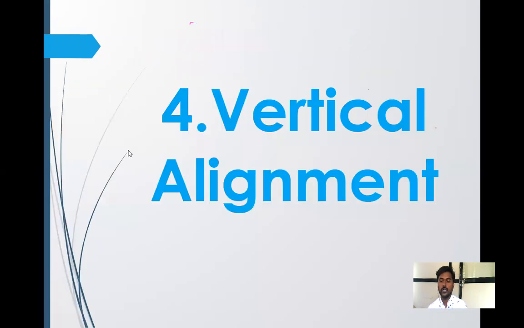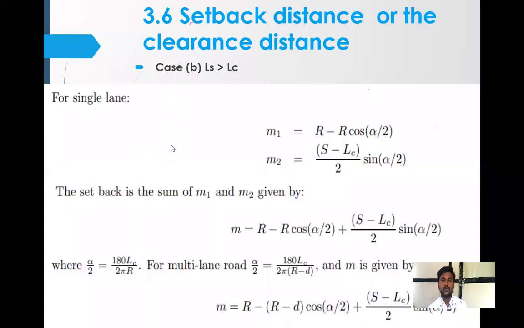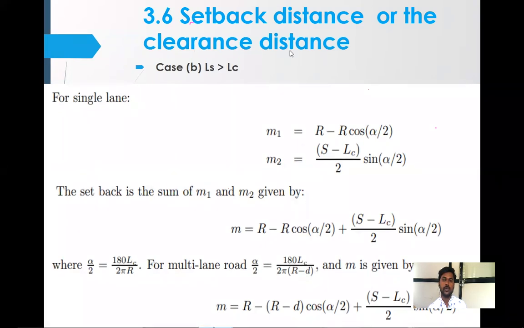Now, the second case. See here, for case 2, write down the formula, for LS greater than LC, for a single lane road.